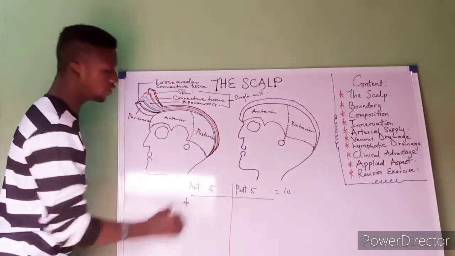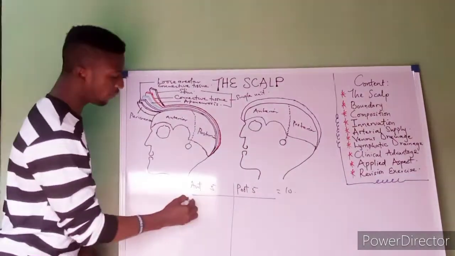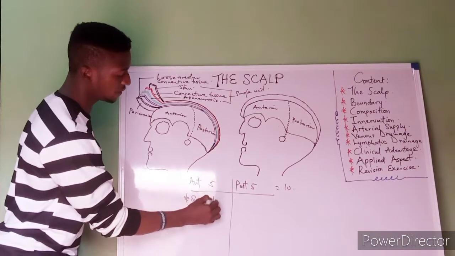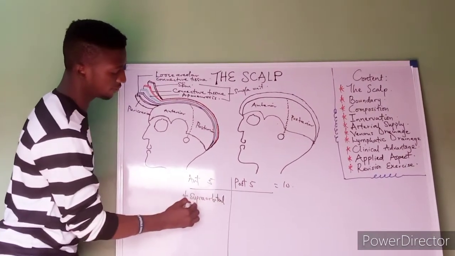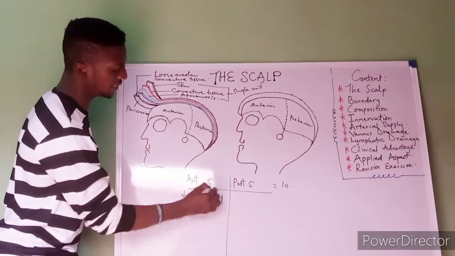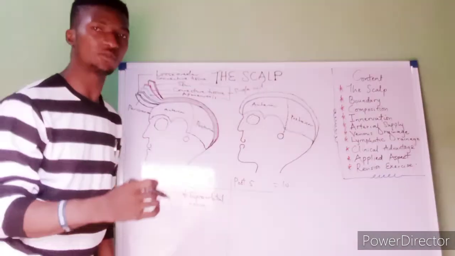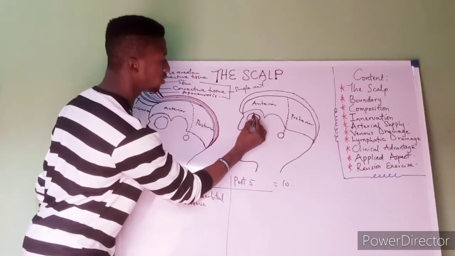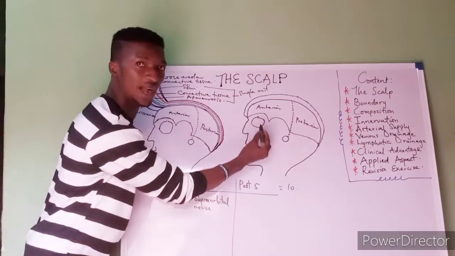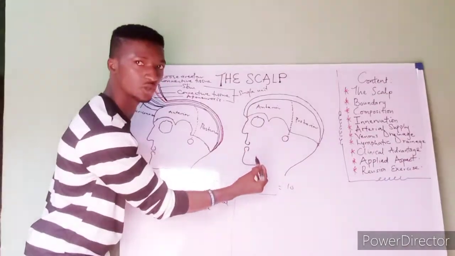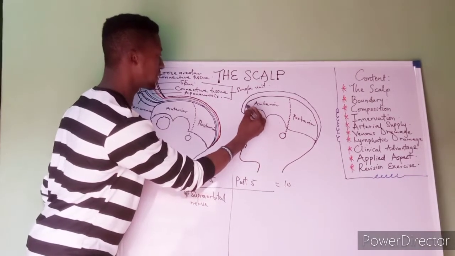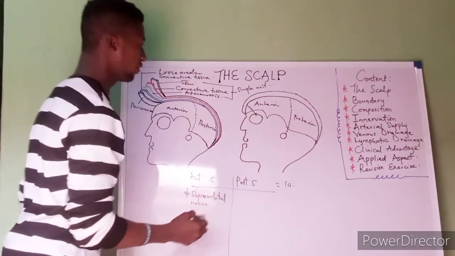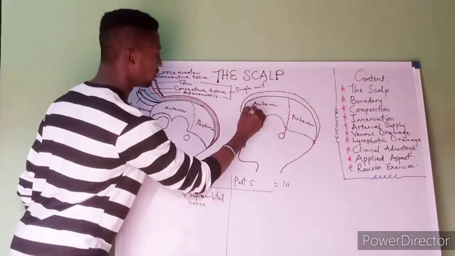The anterior region starts with what we refer to as the supraorbital nerve. Where do we have the supraorbital nerve? It passes through this region called the supraorbital notch to supply the front part of the scalp.